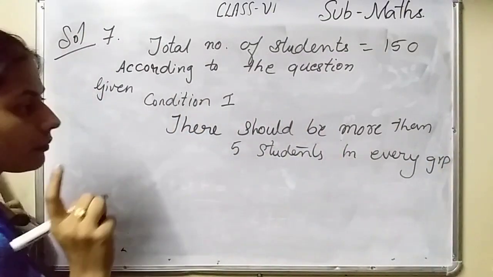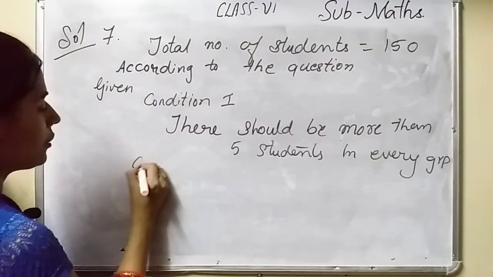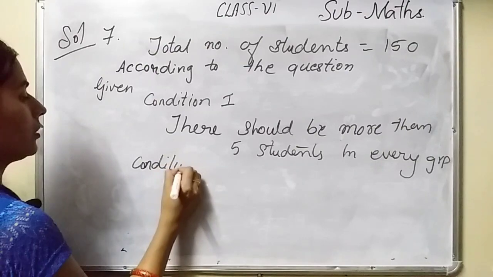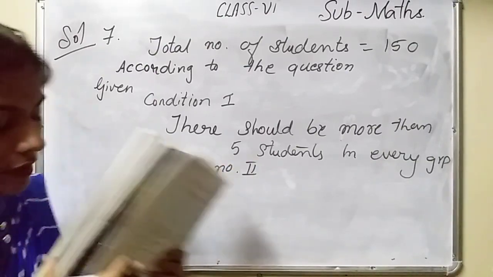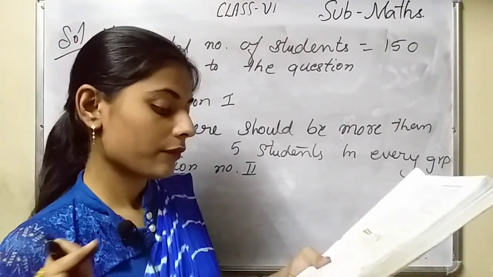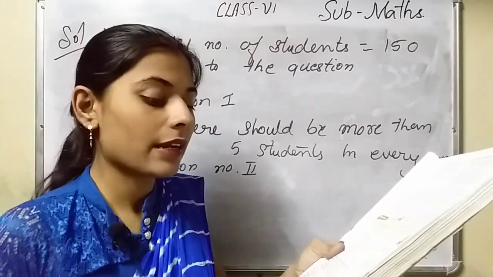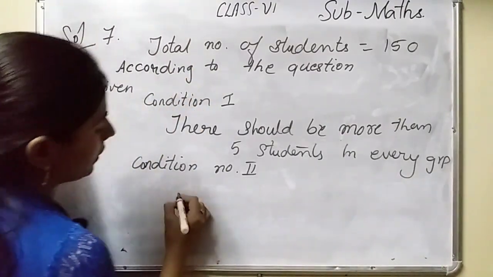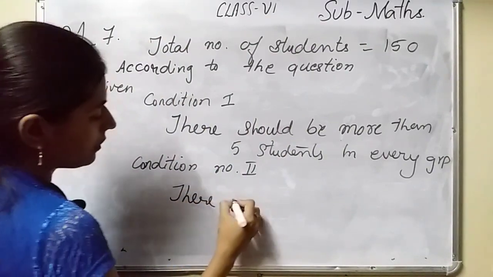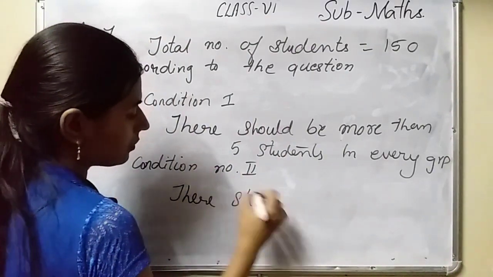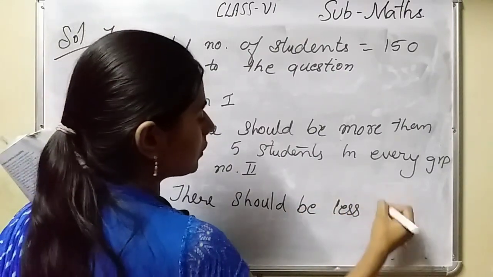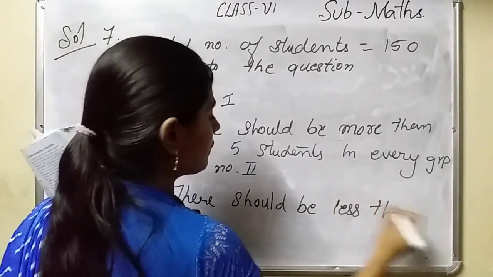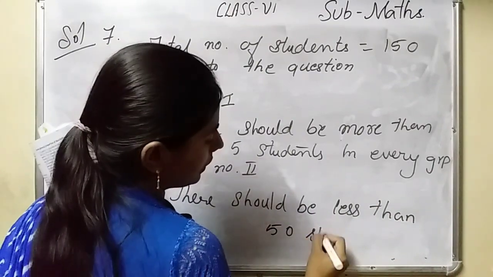Okay, now condition number second. What is condition number second? There should be more than 5 students and less than 50 students. There should be less than 50 students.